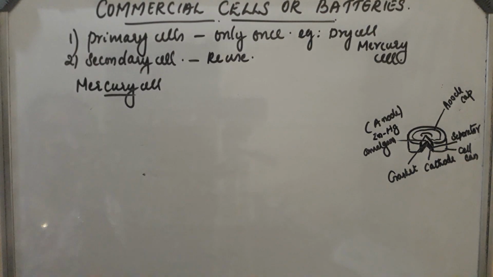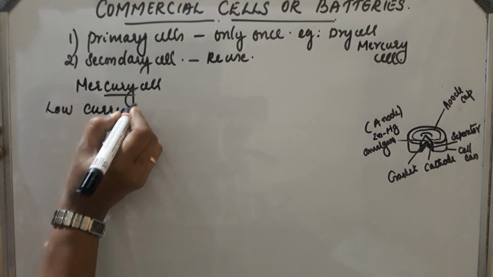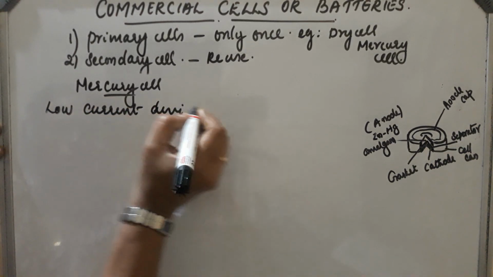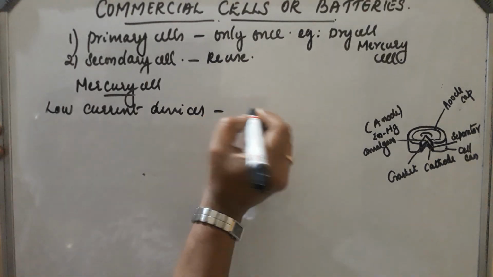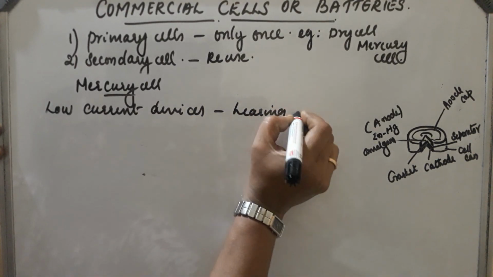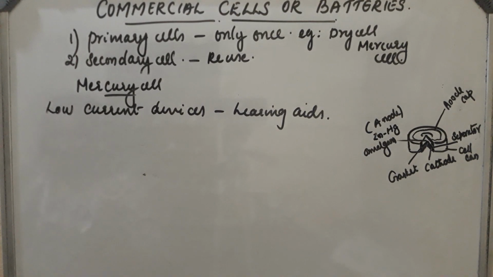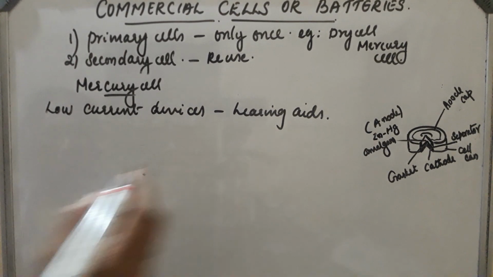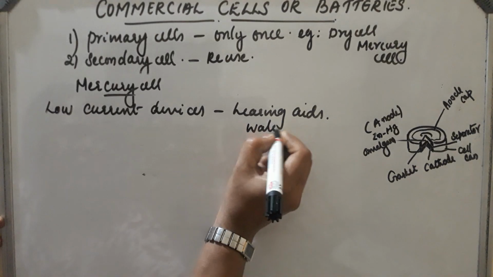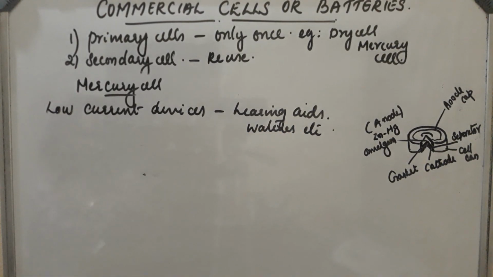This is used in low current devices like hearing aids, calculators, and watches. Now it contains anode and cathode.